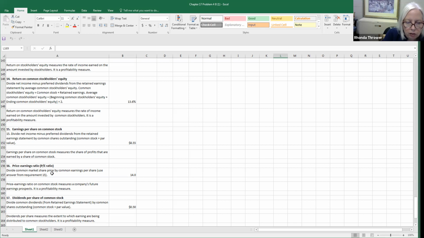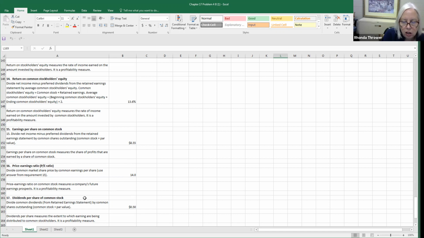And if you look at the top of this spreadsheet, you can see the market price. And you're going to divide it by the common earnings per share. That's what you just found in the ratio for earnings per share on common stock. So we're going to take the market price and divide it by the earnings per share, and that will give you a price earnings ratio of 14.